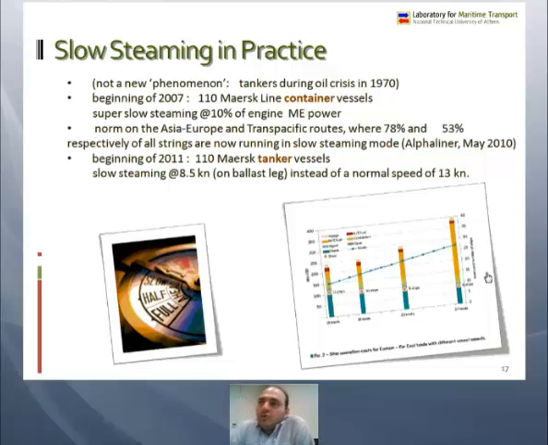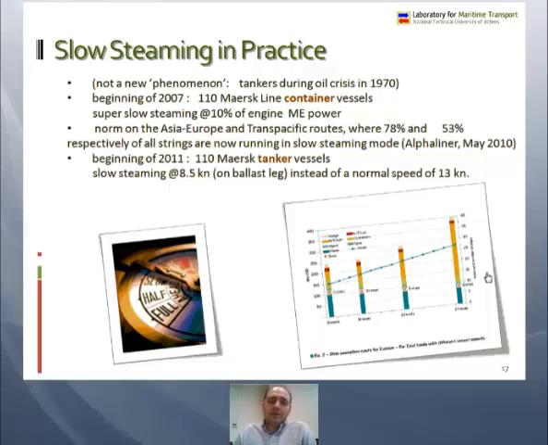If you are a naval architect, you know that when we design a vessel, we optimize it. We assume that the vessel will ship on something like 17 to 85% of the MCR. You probably know this. So these people from Maersk had their container vessels steaming at 10% of MCR, which is an amazing thing, and you can only do it if you have a close cooperation with the engine manufacturer.